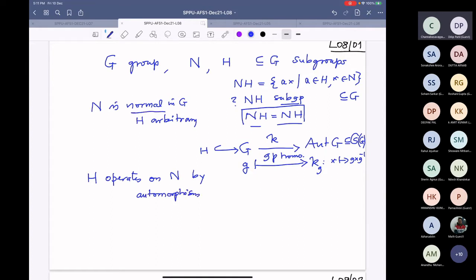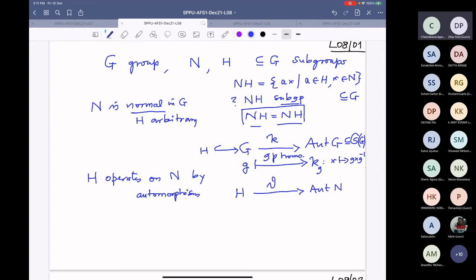Because N is normal, given, all conjugations will fix N. N will be mapped onto N. So the same map will give us an operation of H on N, and which will be by automorphisms.